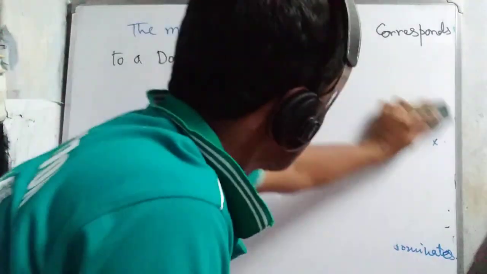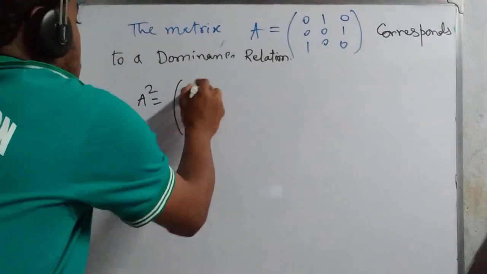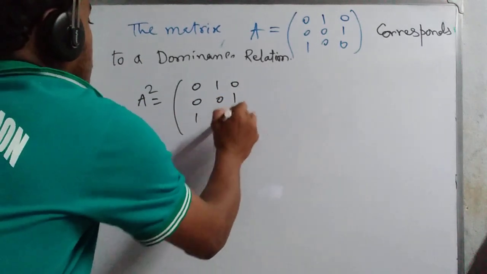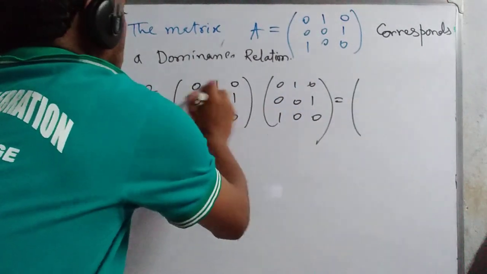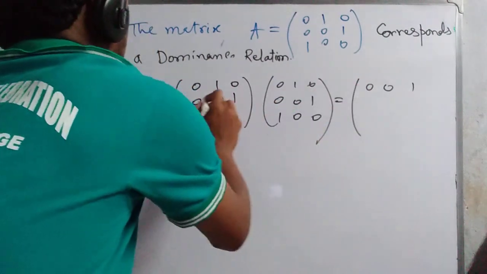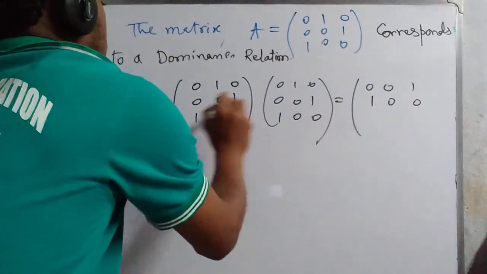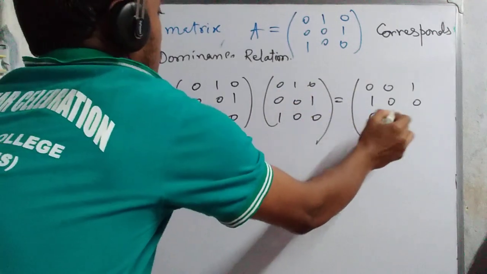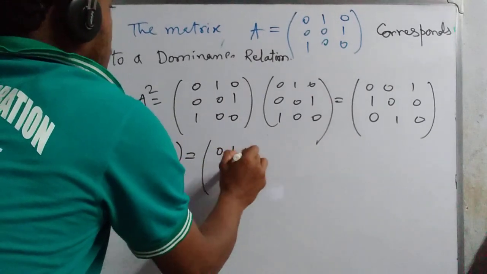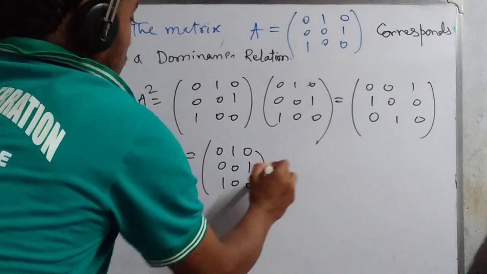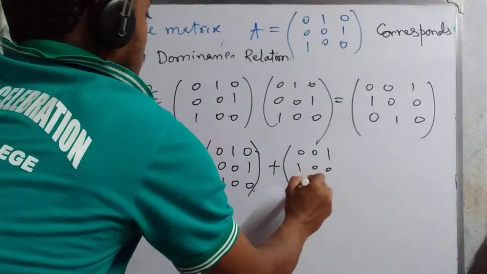A satisfies the dominance relation, and we write A square equal to 0 1 0; 0 0 1; 1 0 0 multiplied by itself, which gives 0 0 1; 1 0 0; 0 1 0.